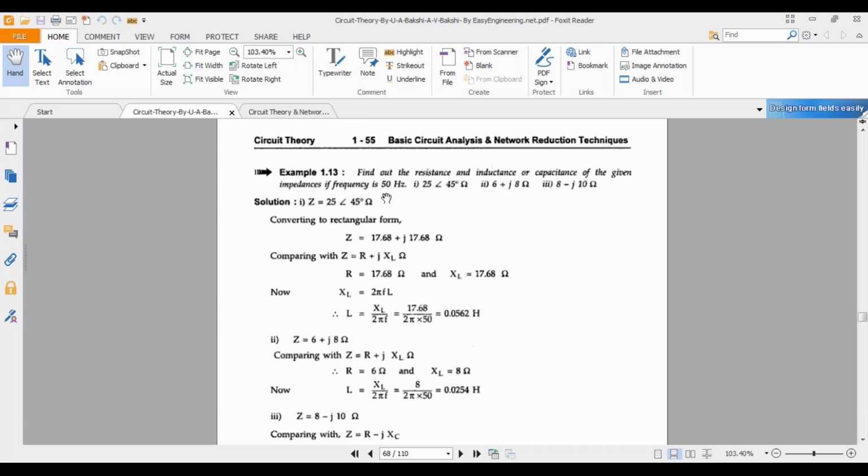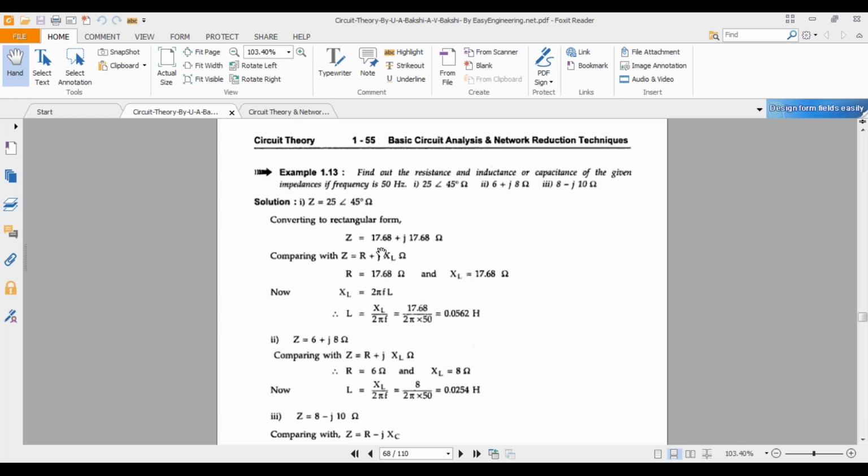Here the frequency is given as 50 hertz. So here the first case is Z equal to 25 at an angle of 45 degrees. This is in polar form, and this is to be converted into rectangular form by using your calculator.